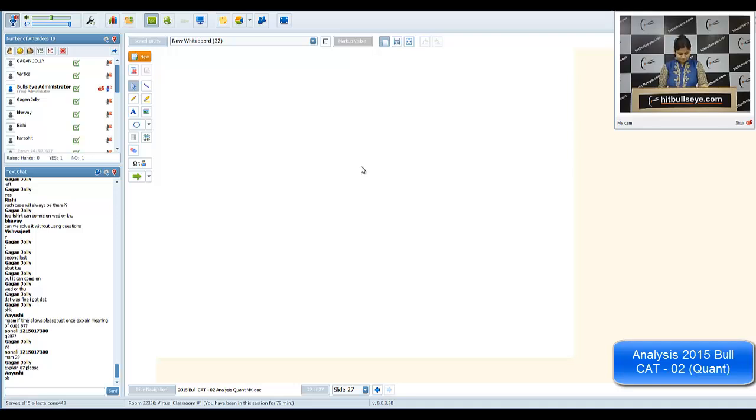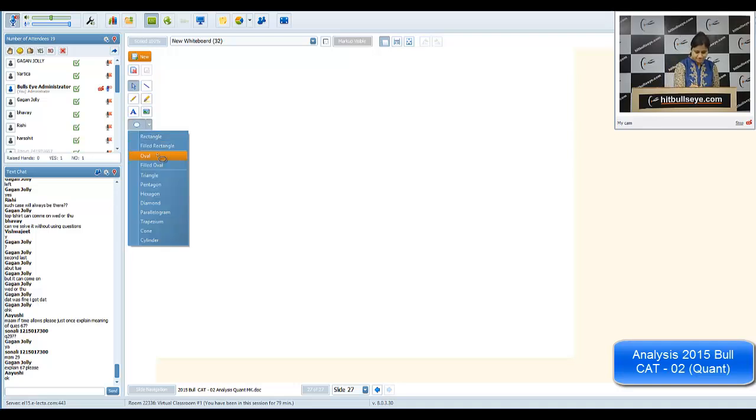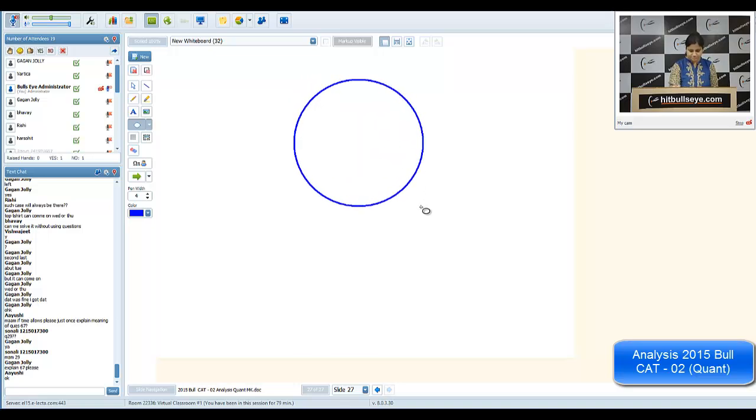So, if we see, there is a circular track given. That is the initial point I am taking. There are two persons. Now, what is the first condition given? A runs in the clockwise direction. We don't know the track length here. They meet for the first time at a distance of 900 meters in the clockwise direction from P. Suppose this is the initial point here. This distance is 800 meters.